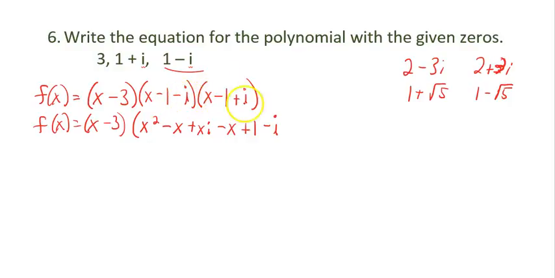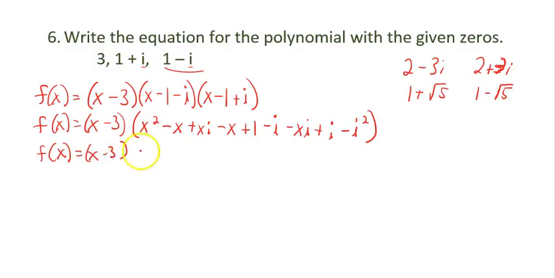Then negative i times everything. Negative i times x is negative xi. Negative i times negative 1 will be a positive i. Negative i times i would be a negative i squared. And again, we're going to be using that i squared thing that we did before.